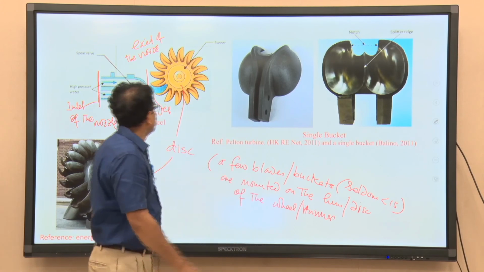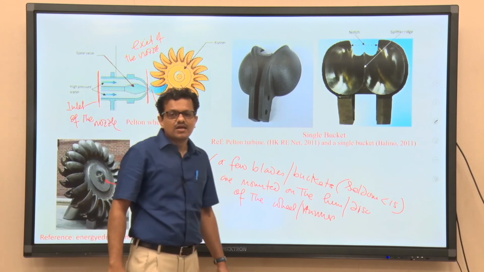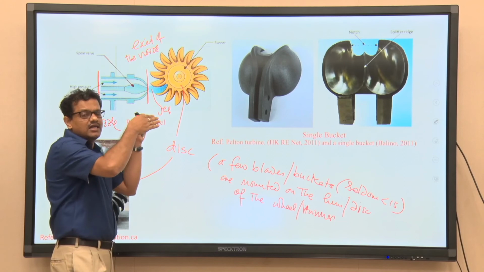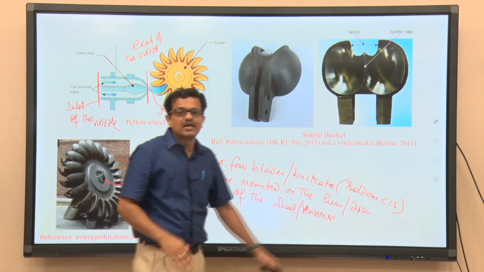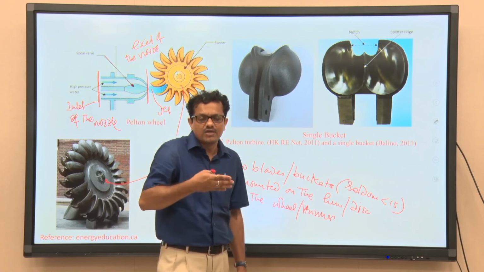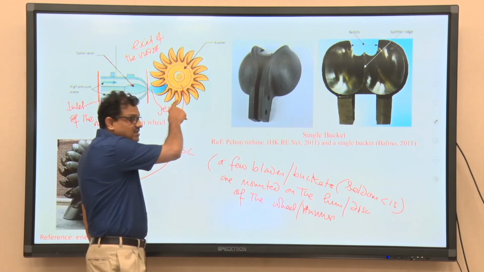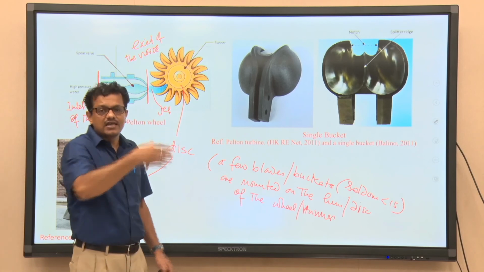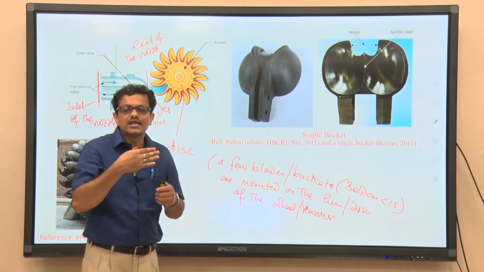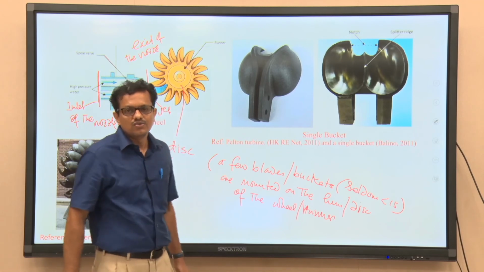The runner of the impulse turbine is not required to be covered by a casing, but even if we cover it, it should be open to atmosphere, that is an air vent will be there. It is not mandatory that it should be airproof. In a reaction turbine it should be covered fully with a casing, there will not be any air vent, as the energy conversion takes place as water moves gradually through the passage of the runner.